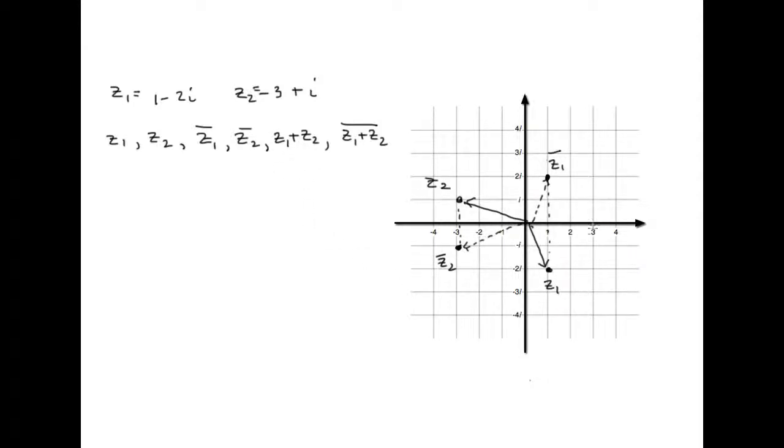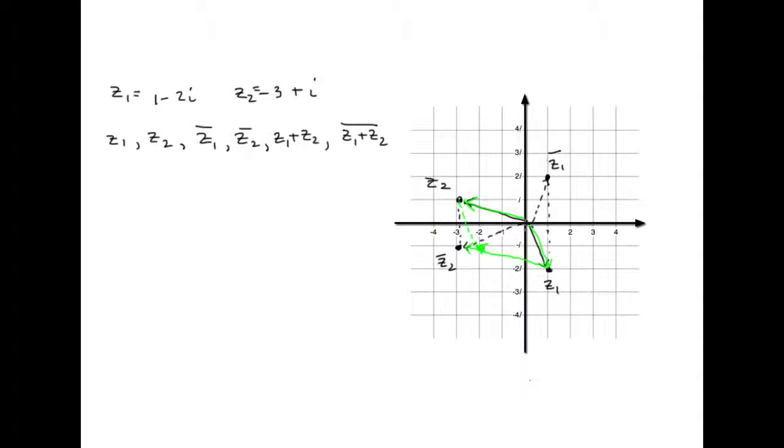Now let's have a look at z1 plus z2. Maybe we should do this one in green. So there's z1 and there's z2. The addition of z1 and z2 is z1 plus z2, and there's the resulting parallelogram.